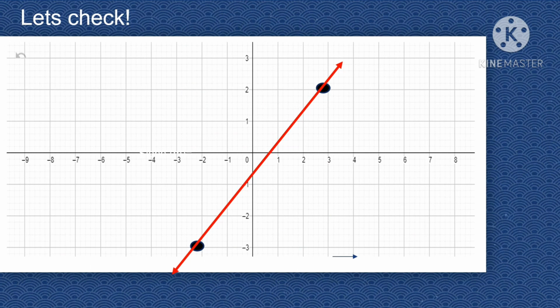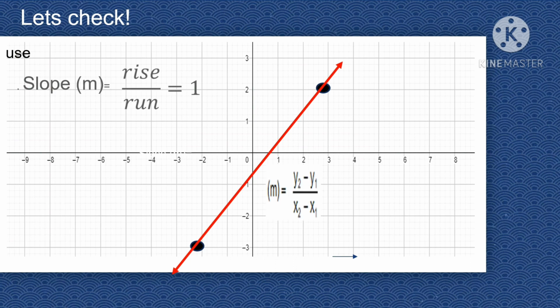Let's check if we can use the slope formula to compare our answer. Now, a while ago, we have our slope equal to 1. Using the slope formula, we want to know if 1 is really the answer.